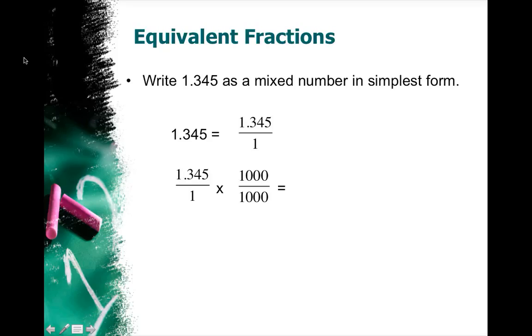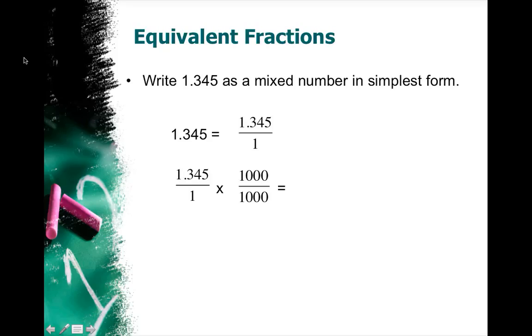So that should help you determine what you need to multiply by when we want to change a decimal to a whole number. You should have the same number of zeros in the number you're multiplying by as you do digits past the decimal. So 1.345 over 1 times 1,000 over 1,000. Now any number divided by itself is equal to 1.